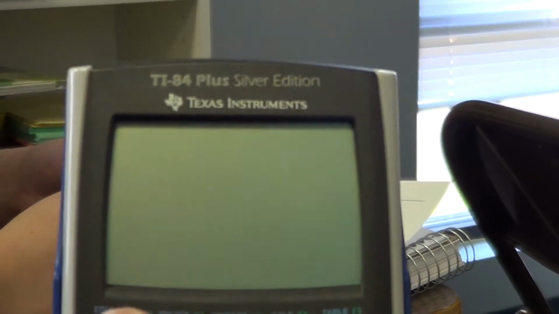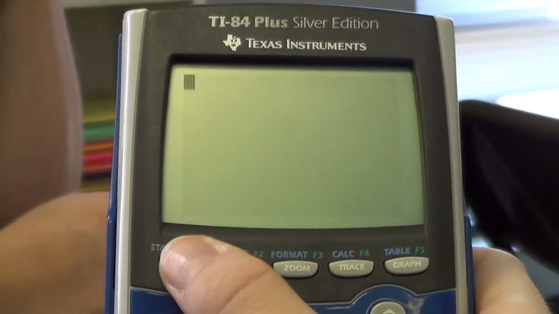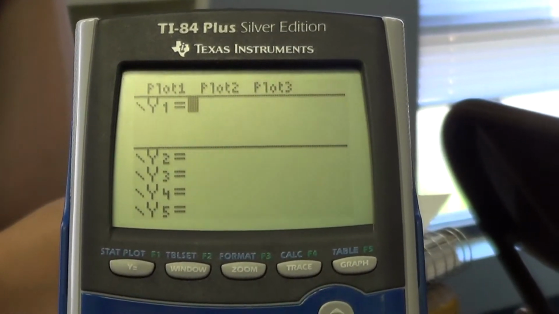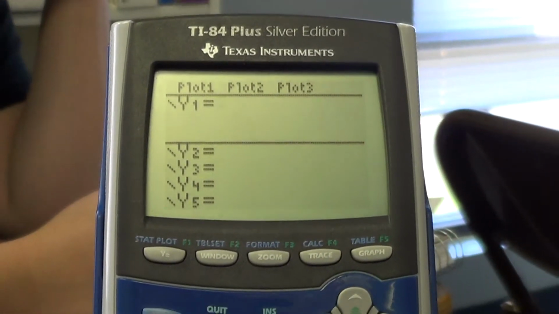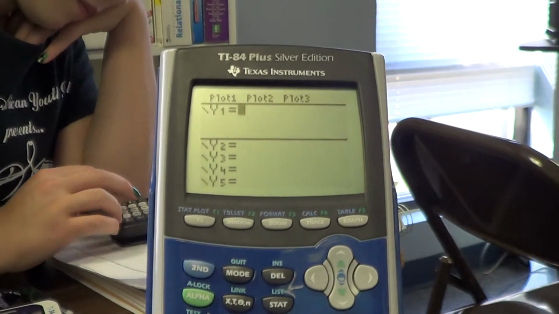Before we press the graph button, we have to tell it what to graph. Which button? Y equals, yes. So first press the Y equals button. You probably have something already typed in, so you want to hit clear. And then it's going to be t squared, or you're just going to use the x, which is underneath the mode button.